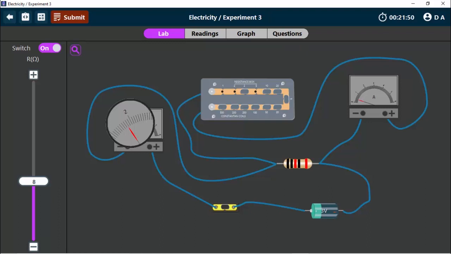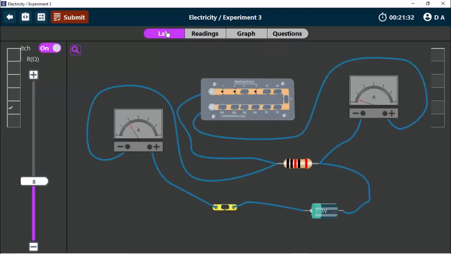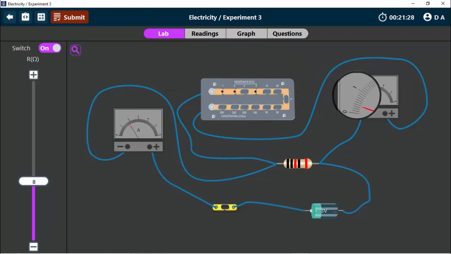So this is around 1.77, very close to 1.8. Let's say 1.77. Then we have the other reading, which is this one.